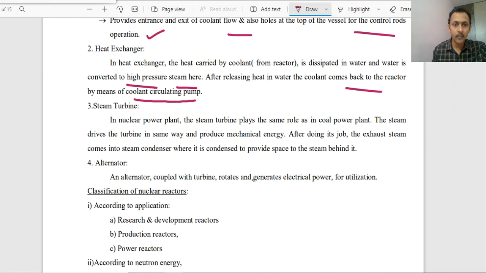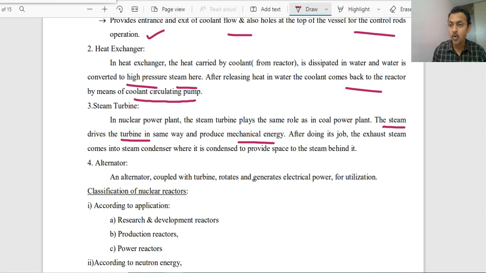Dear students, the function of the steam turbine will be the same as in a coal power plant. If you have observed a thermal power plant, there also we have the steam turbine, which is converting the steam into mechanical energy as the output. Once the steam has done its useful work, it is to be converted back to water.